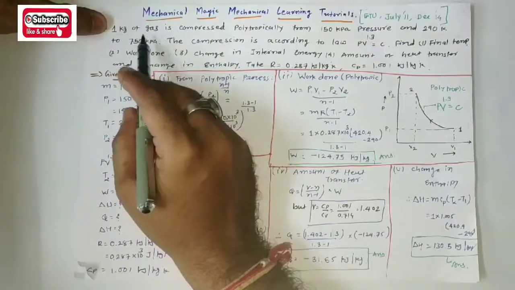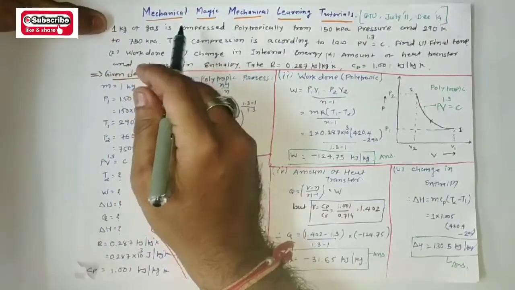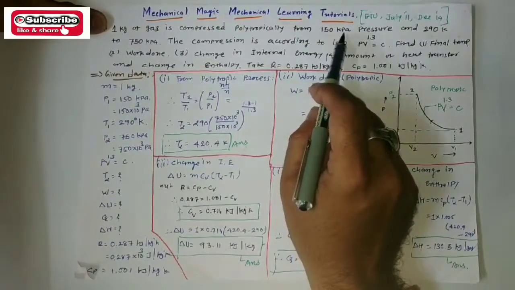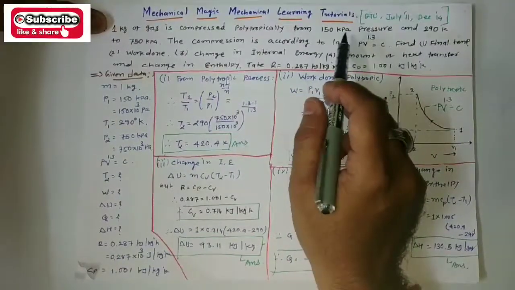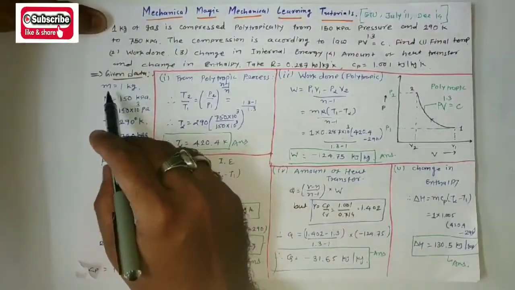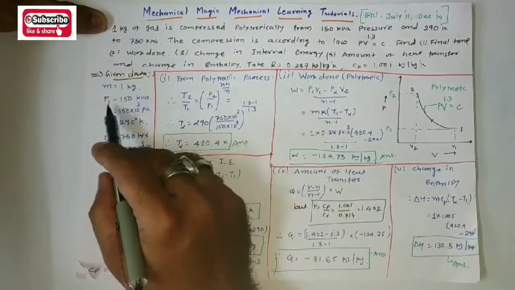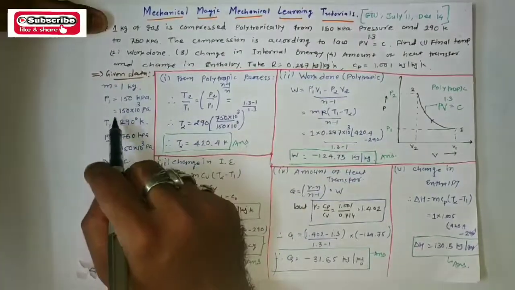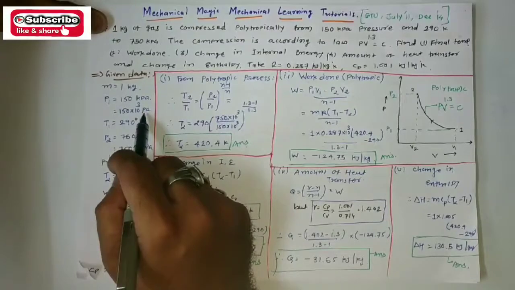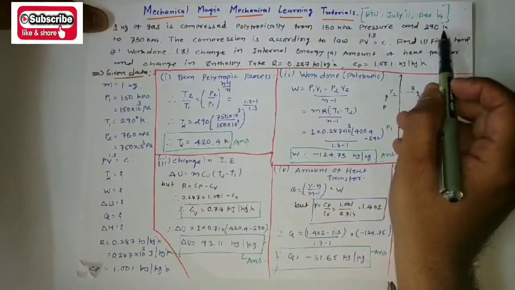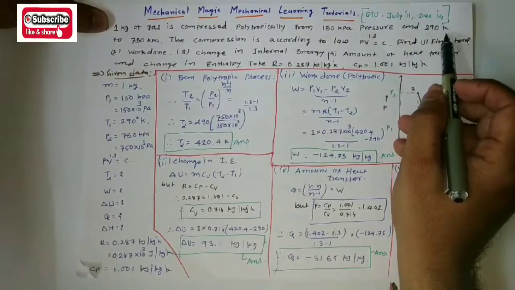1 kg of gas is compressed polytropically from 150 kilopascal pressure. So the pressure is given to us with the mass. So 1 kg of mass, P1 150 kilopascal, which should be converted into 150 into 10 raised to 3 pascal, and 290 degree Kelvin temperature.